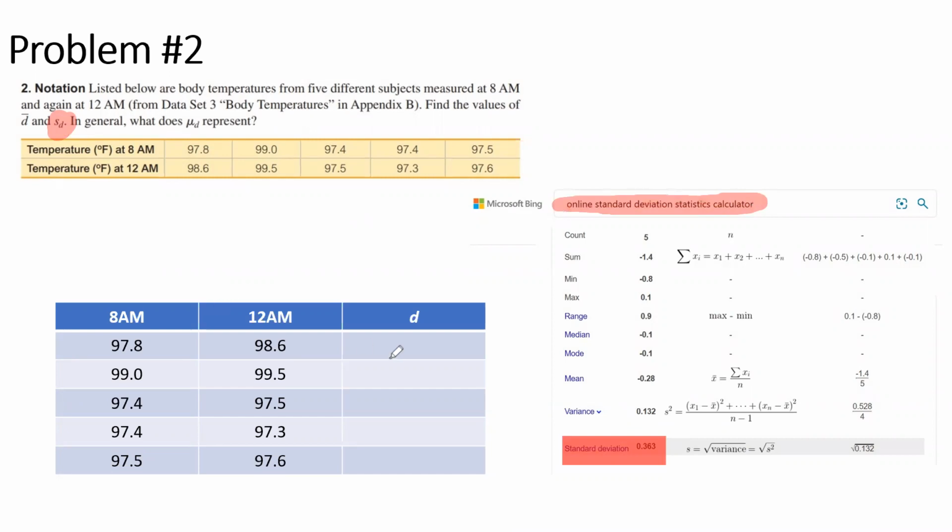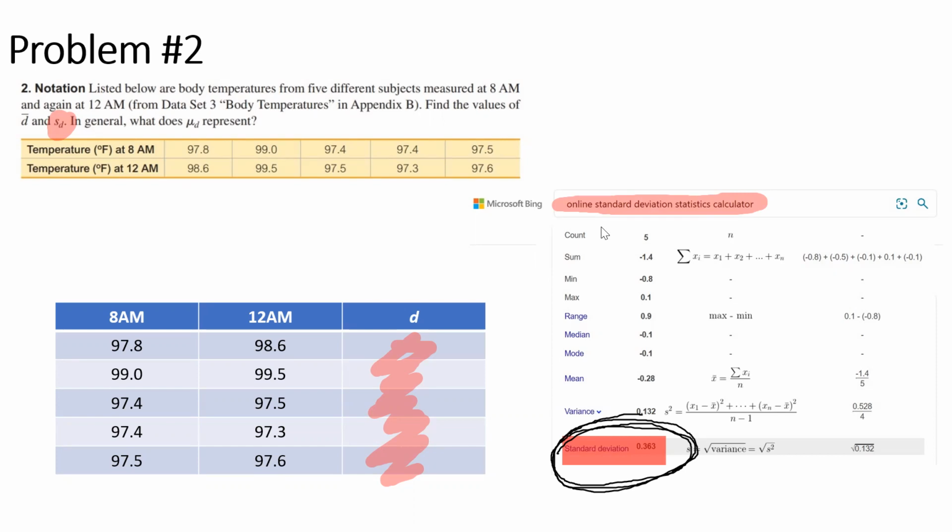You plug in those values that we added up. And the value that we get for the standard deviation is right here. It's actually already on the screen. You guys might not be able to see it, but it's 0.363, right? We can do the standard deviation from technology. You can't do D-bar or anything like that from technology, but you can do that. That was encouraged. We mentioned it in class. That's how we get number 2.